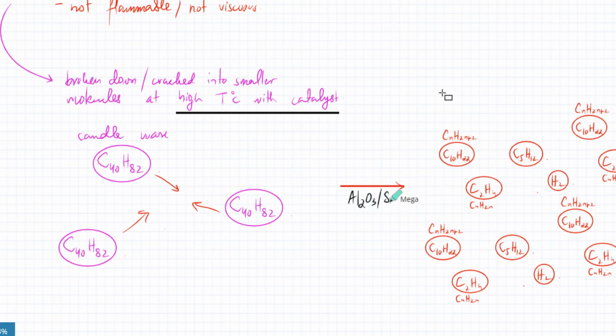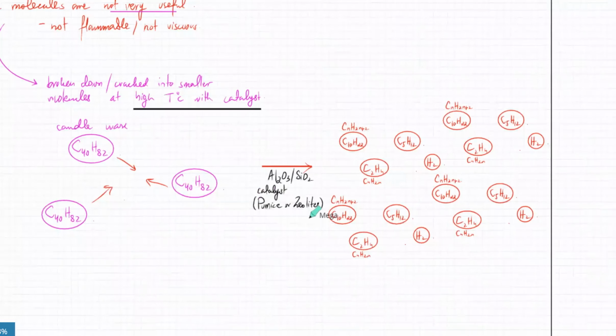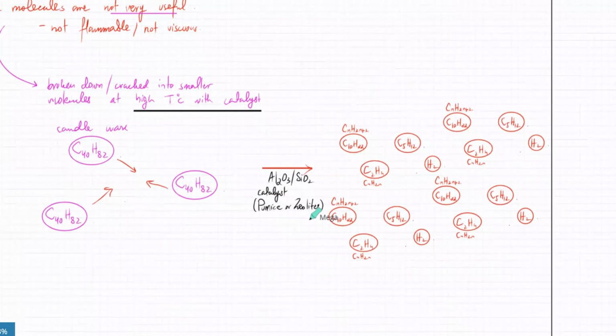Or SiO2 is the catalyst that's used. It's sometimes known as pumice. It's a type of rock that has these two things: pumice or zeolites. Okay, that's the name of the rock that has these two, Al2O3 and SiO2 mixture. It's got both of them, and that's used as a catalyst for this.